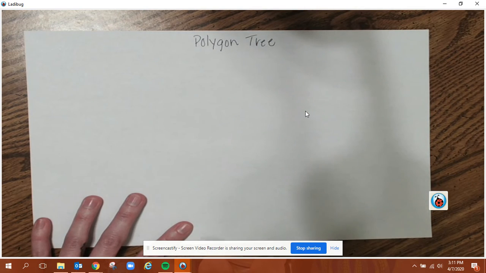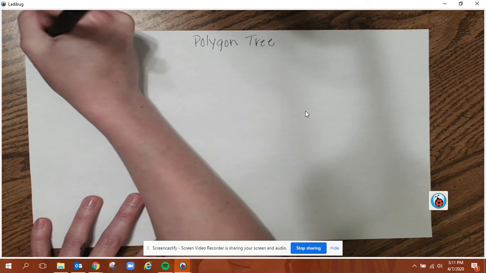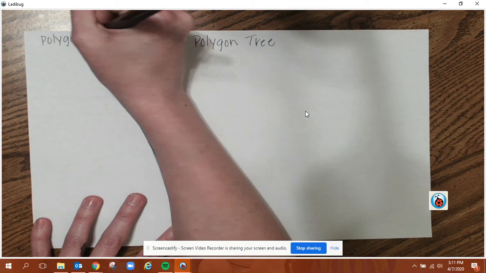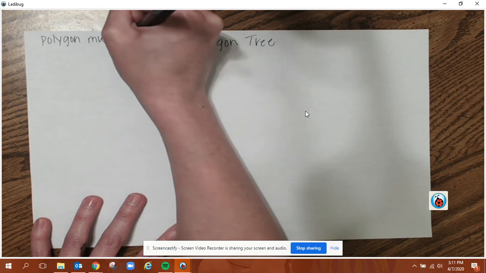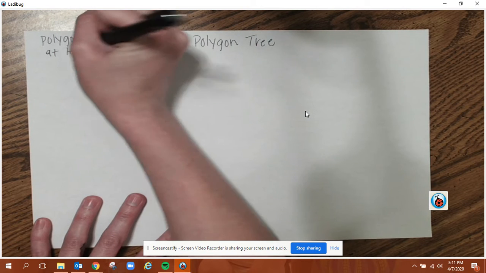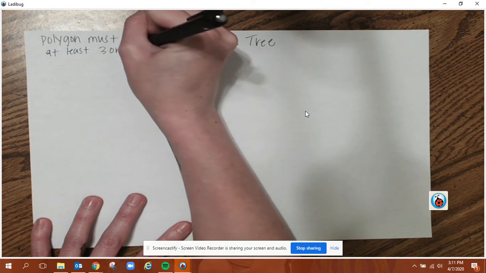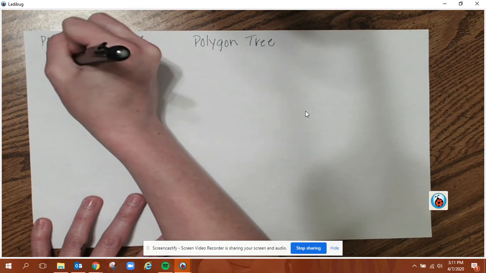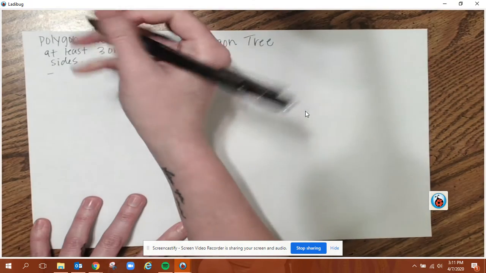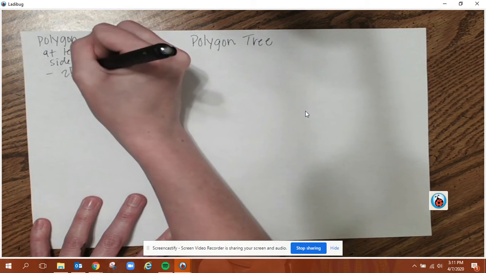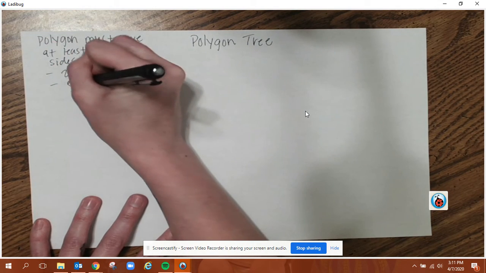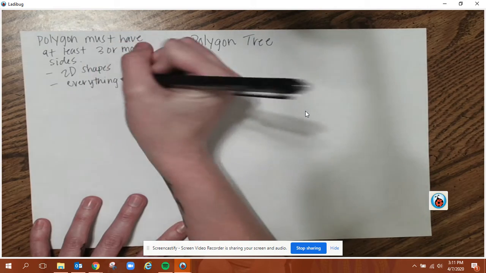Now remember, a polygon is anything that has 3 or more sides. Now remember, polygons only talk about 2D shapes. Okay, and it's basically everything but a circle.